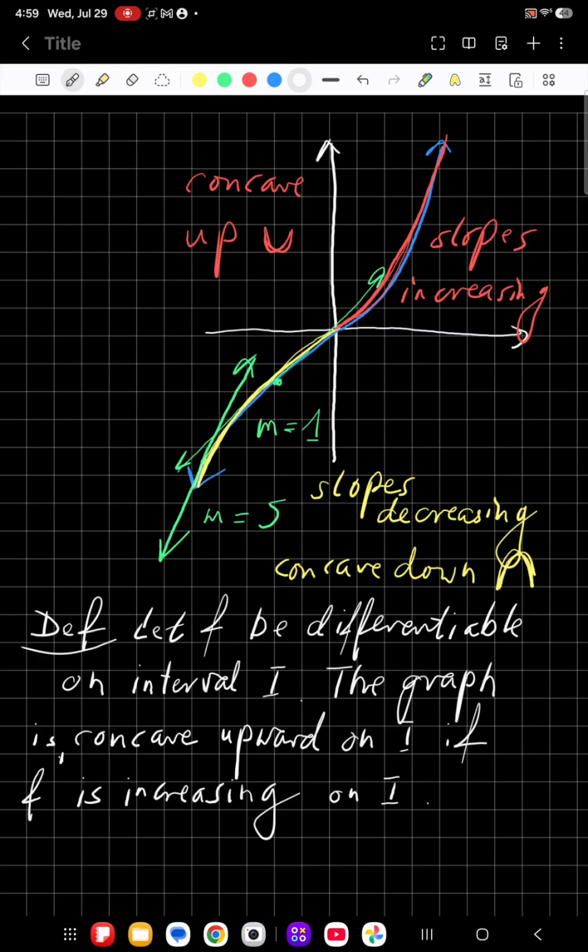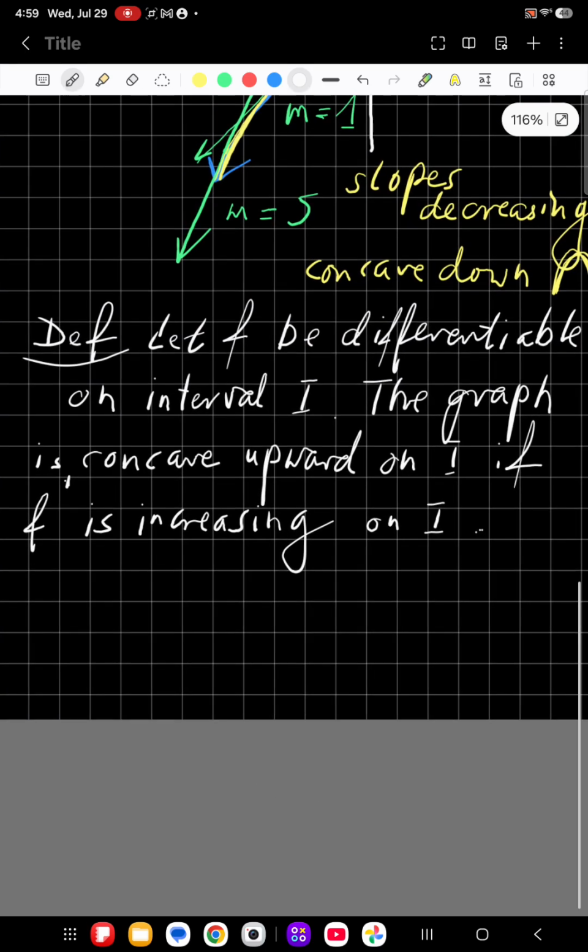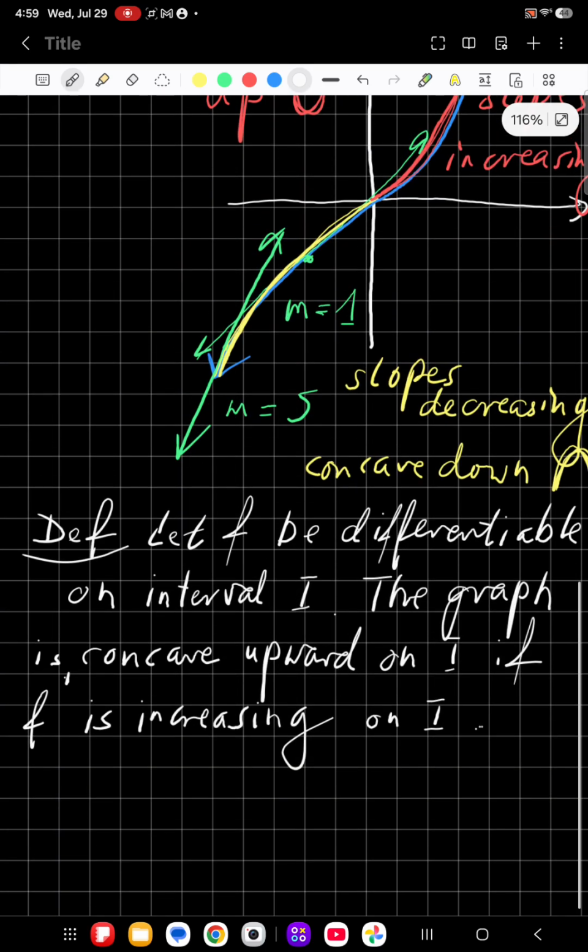How can we tell whether f prime is increasing or decreasing? Well, we can look at the slopes, but the way we're actually going to do it is we're looking at the second derivative.